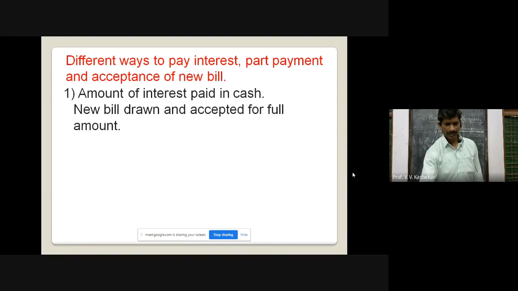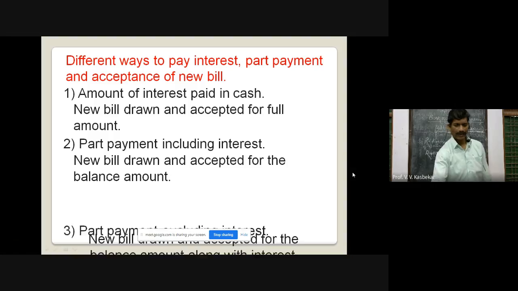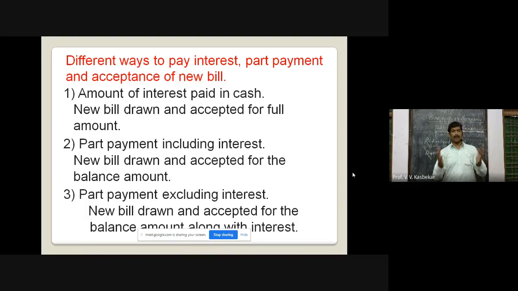And there are some different ways to pay interest, part payment, and acceptance of new bill. Which are those different ways? Let us see. Amount of interest paid in cash. Interest may be paid in cash, or it may be added in the new bill, or we can say renewed bill: new bill drawn and accepted for full amount.